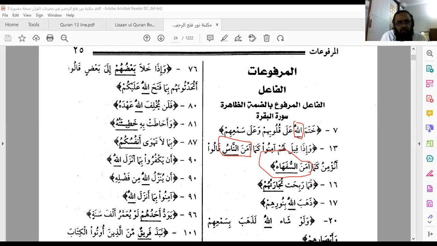وَمَا رَبِحَتْ تِجَارَتُهُمْ. Likewise, the word is over there, ذَهَبَ اللَّهُ. Now, the word Allah again has a zamma at the ending.